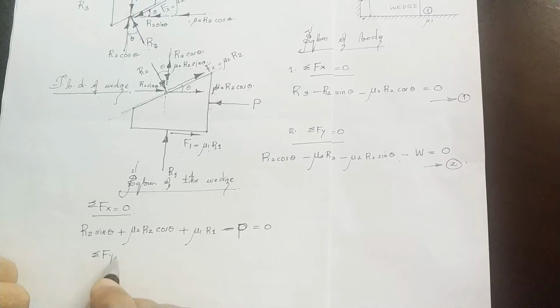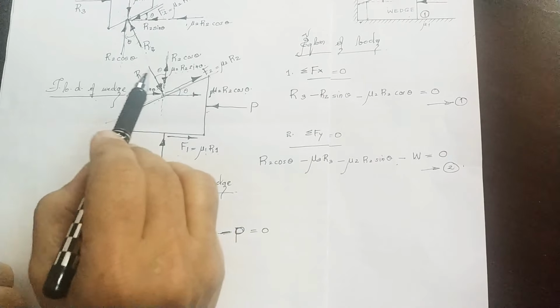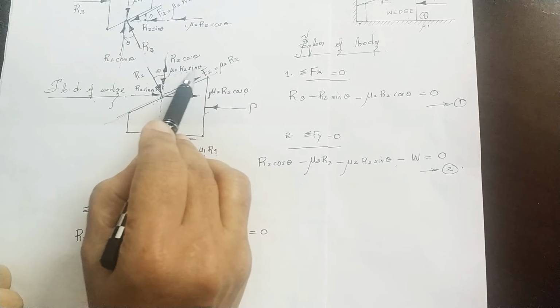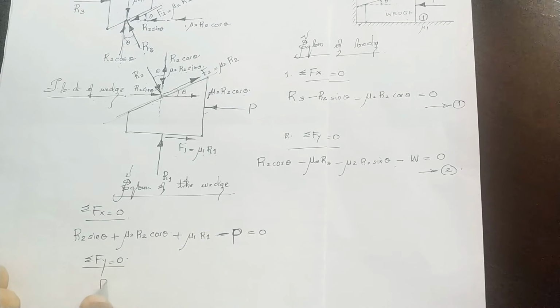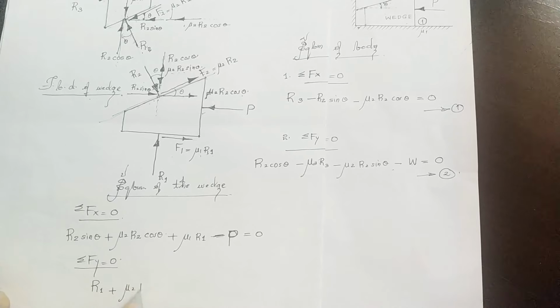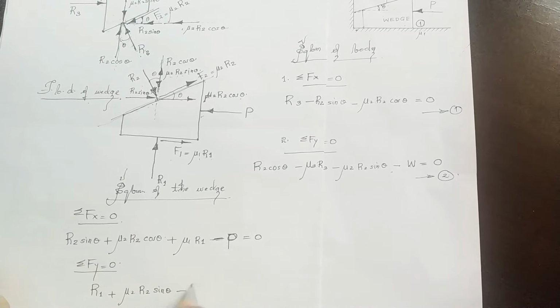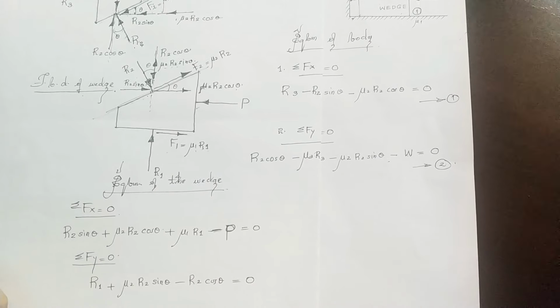Similarly, sigma Fy is equal to 0. R1 is acting upwards, R2 cos theta is acting downwards, and mu2 R2 sin theta is also acting upwards. So it's like R1 plus mu2 R2 sin theta minus R2 cos theta is equal to 0.